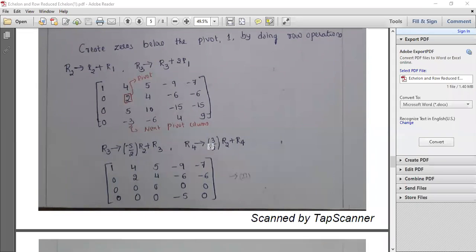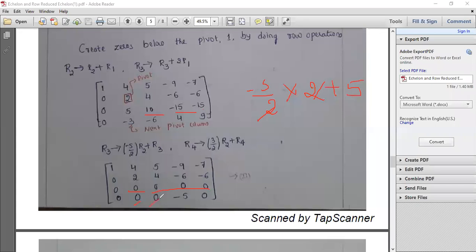I'm doing this operation. So for example, here you can do this: minus 5 by 2. What is R2? R2 is 2. So this is 2 plus R3, that is 5. So this 2 cancels, minus 5 plus 5, that is 0. Similarly, you do it with each element. Here you're getting 0, 0, 0, 0. Similarly, you do the R4 operation, that is 3 by 2 times R2 plus R4.